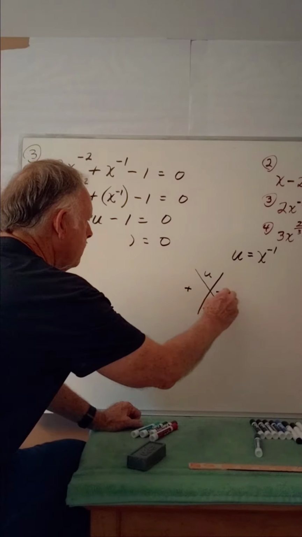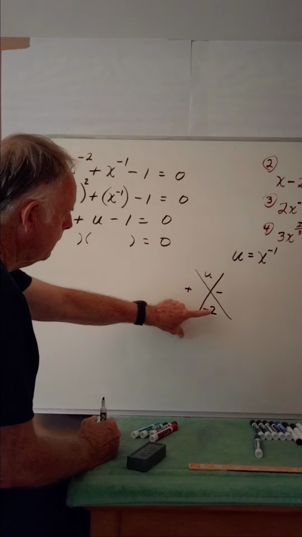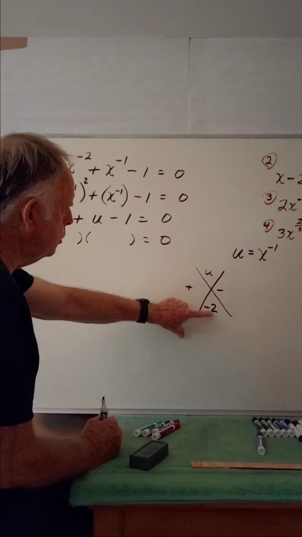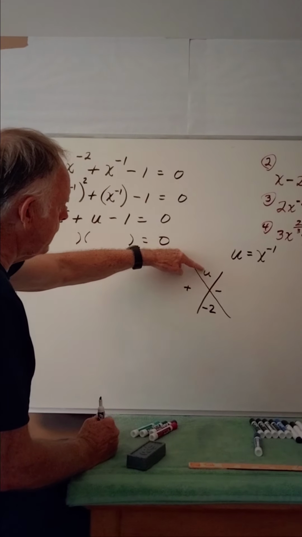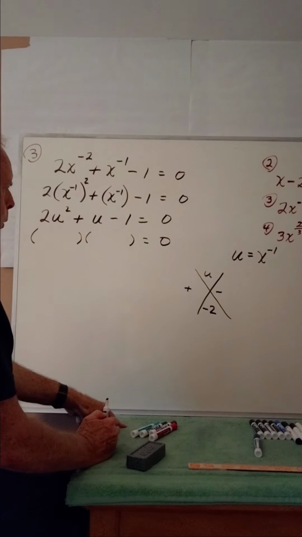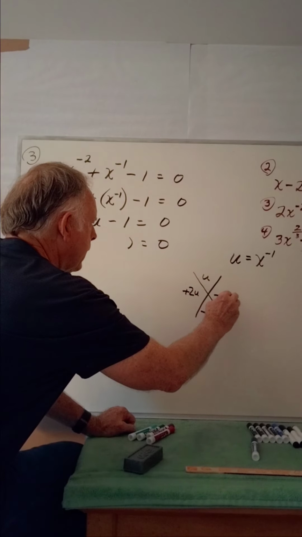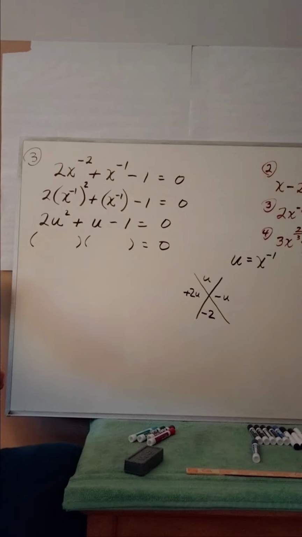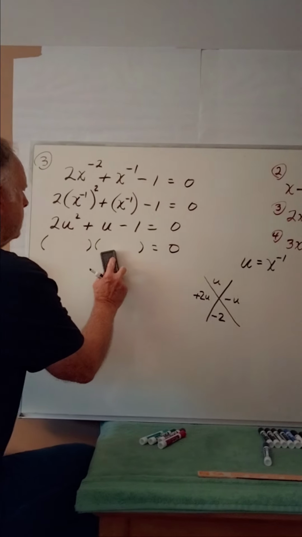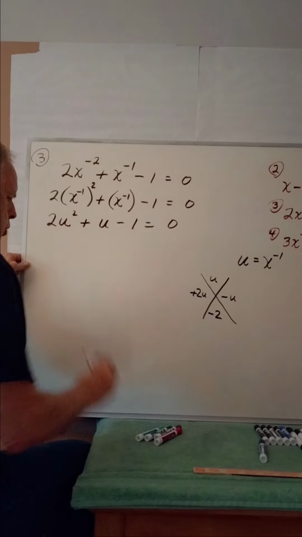One's plus, the other one is minus. 2 times 1 is 2, and 2 minus 1 will give us that u that we need. So it's going to be a positive 2u and a negative 1u. So now let's build it in to our situation.